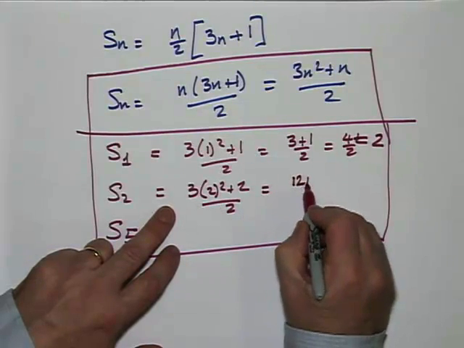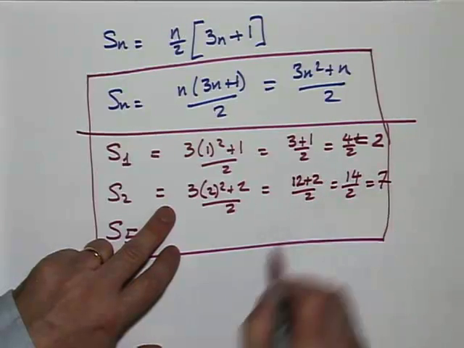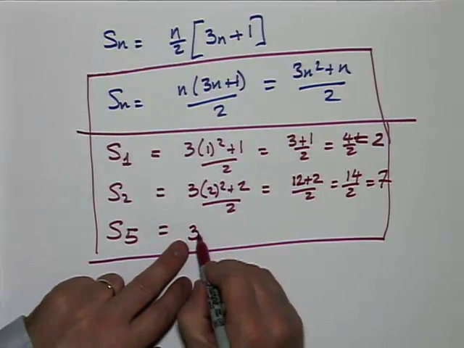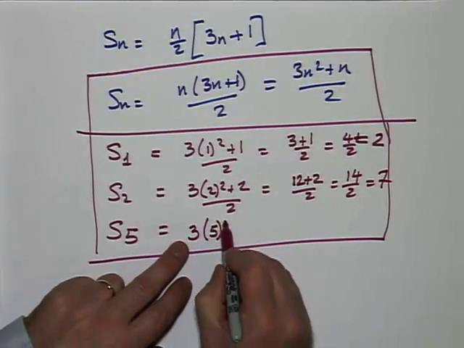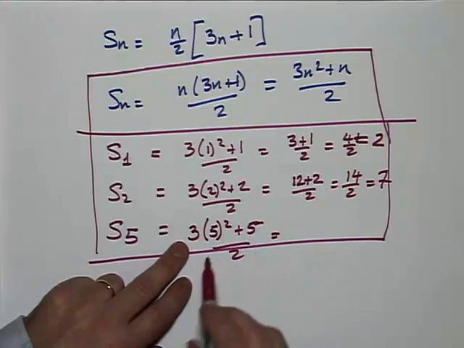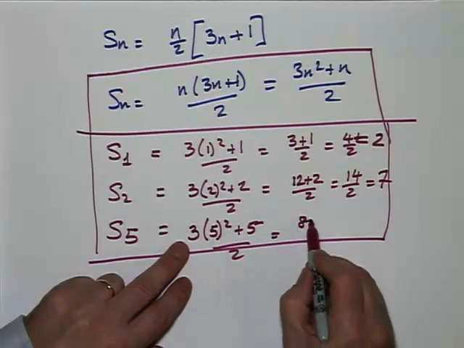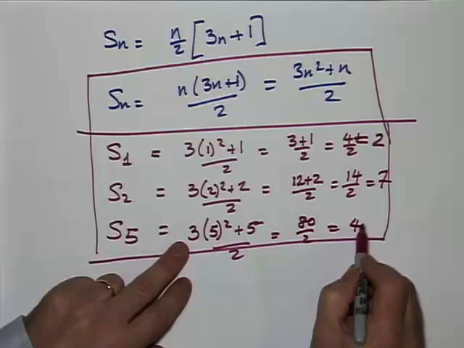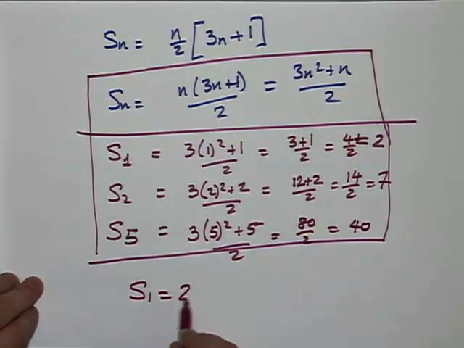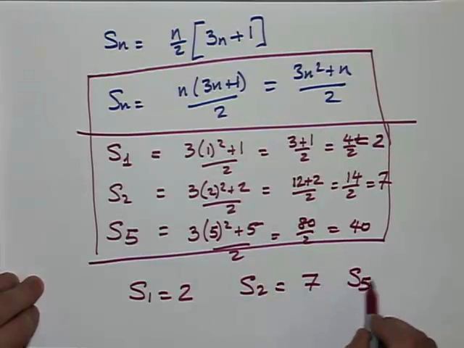So that looks like 12 plus 2 over 2, 14 over 2. I'm getting 7 for that. And S5, 3 times 5 squared plus 5 over 2. 5 squared is 25. 3 times 25 is 75. 80 over 2, and that's 40. So it looks like I've got S1 is 2, S2 is 7, and S5 is 40.